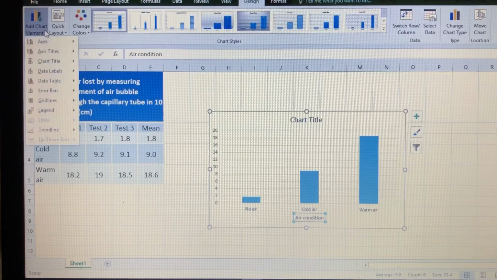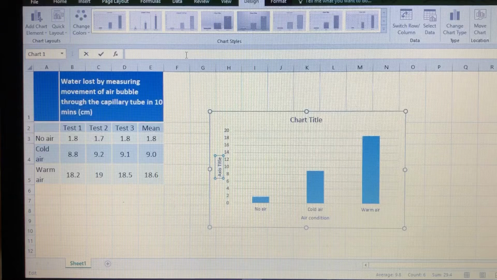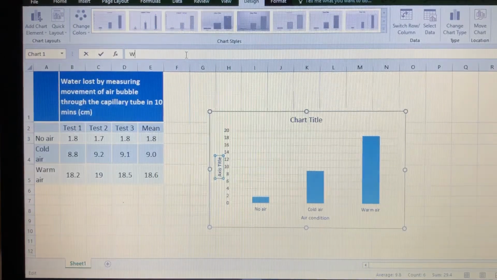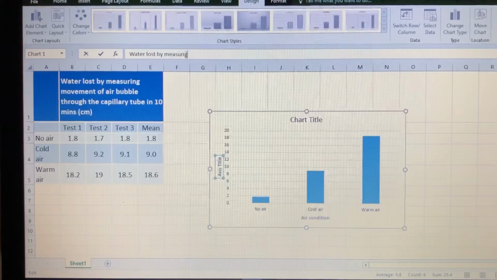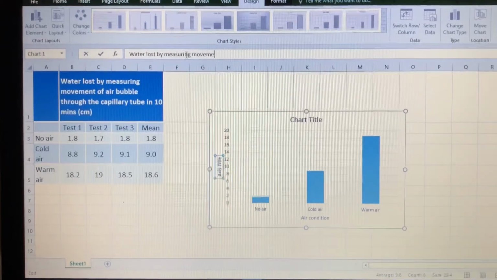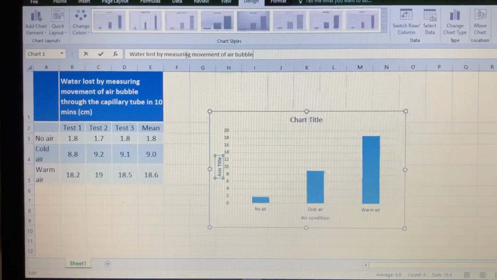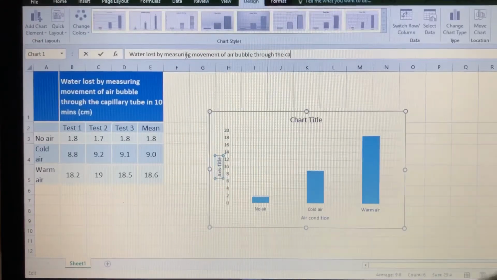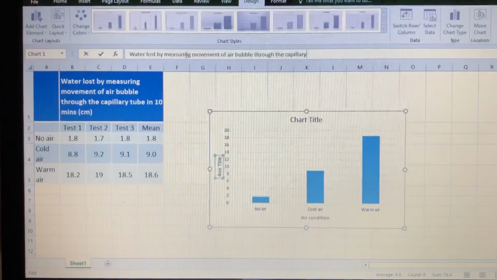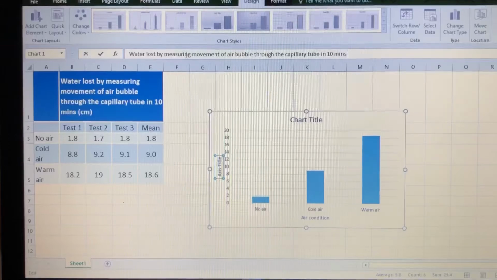I'm going to add another one here for the vertical axis, and I'm going to call that water lost by measuring movement of air bubble through the, it's a long one this one, the capillary tube in 10 minutes, and that was in centimetres.